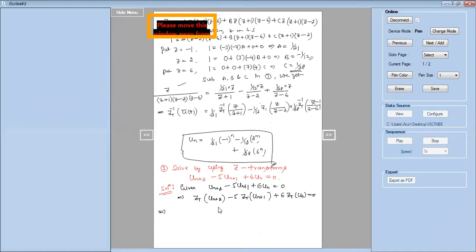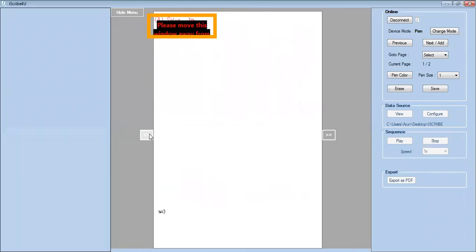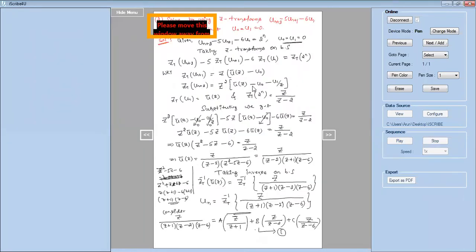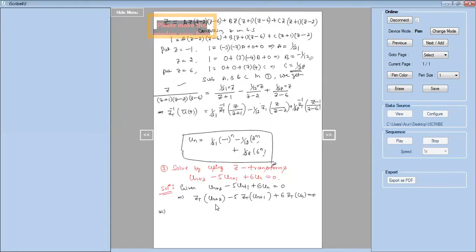Z transform of un plus 2 is Z square into u bar of Z minus u0 minus u1 by Z. Next, minus 5 into Z into u bar of Z minus u0, plus 6 into u bar of Z is equal to 0.